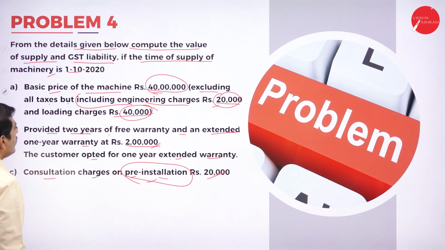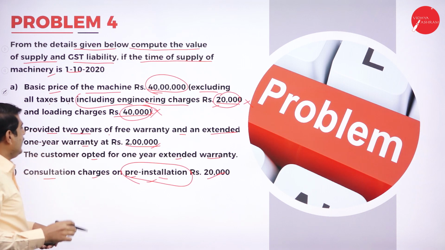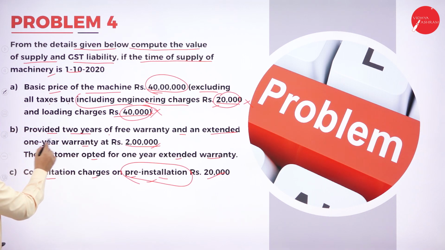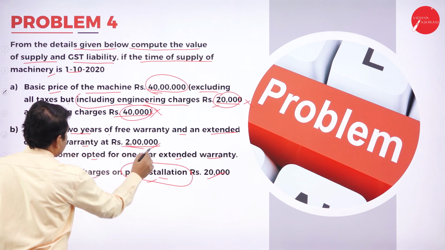Next item. These two items we should not consider, because already it is included. Okay, next one, provide 2 years of free warranty and extended year warranty is 2 lakh.